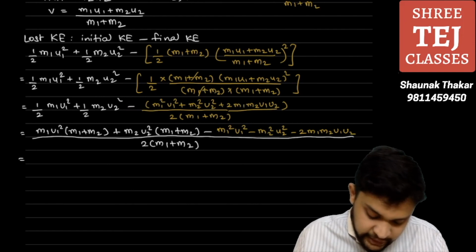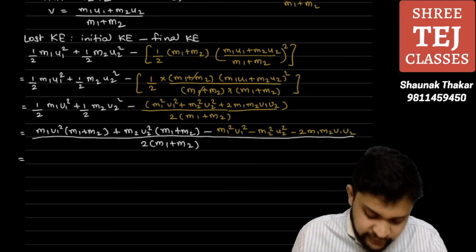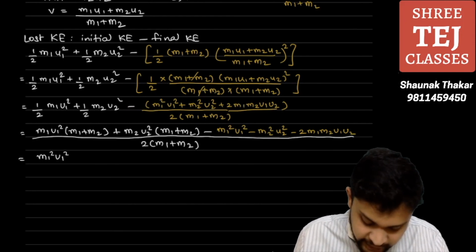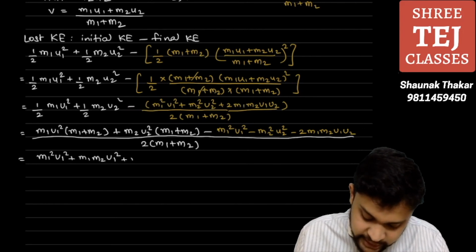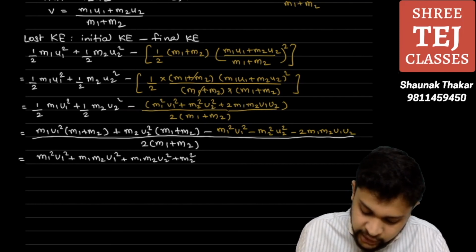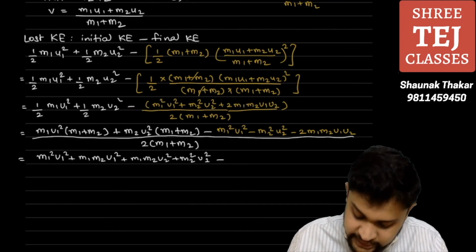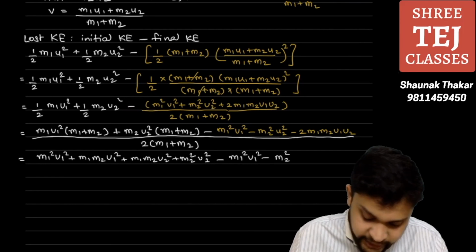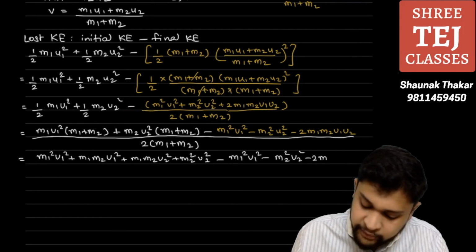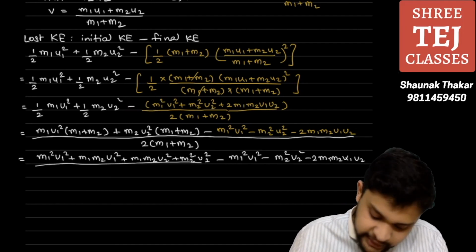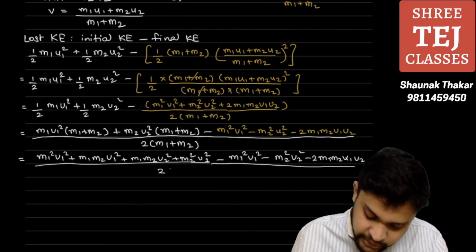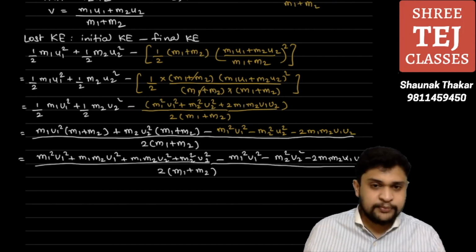So let's see what we get. m1 u1 square into m1 will give us m1 square u1 square plus m1 m2 u1 square plus m1 m2 u2 square plus m2 square u2 square minus we have m1 square u1 square minus m2 square u2 square minus 2 m1 m2 u1 u2, and divide this whole thing by 2 m1 plus m2.